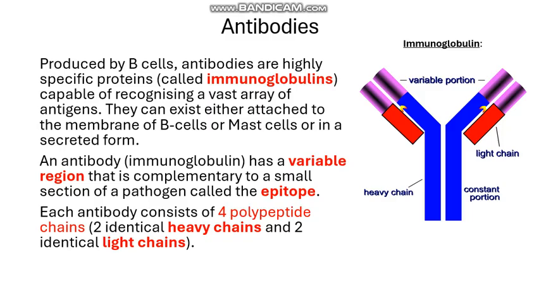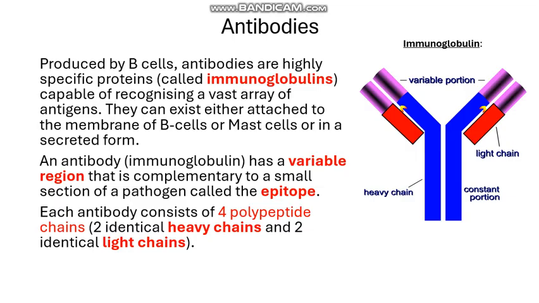These are the things that are going to bind to the antigen. And the epitope just refers to the part of the antigen that the antigen binding site of the variable region is complementary to in shape, and so it's going to bind to it.